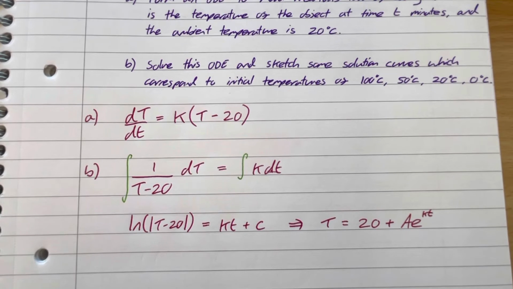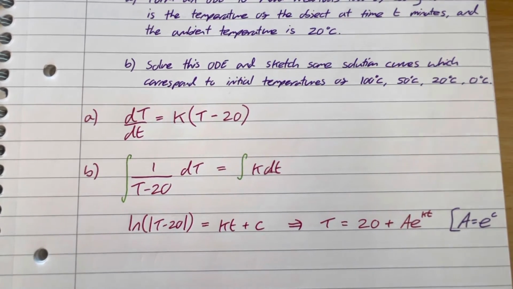And yeah, that needs to be a primary constant. So A equals e to the c. There we go.